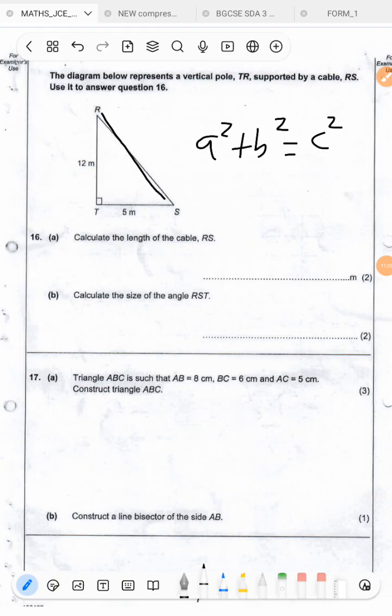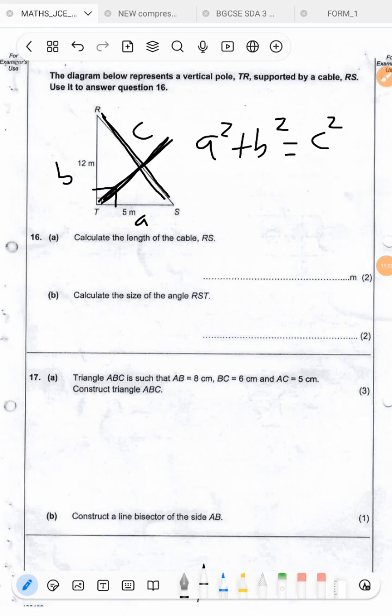c is just the longest side. How do you find the longest side? The longest side usually is going to be in front of this right angle here. So this is the longest side, so this is c, and then a here, b here. It doesn't really matter, you can interchange a and b, there won't be any consequence.